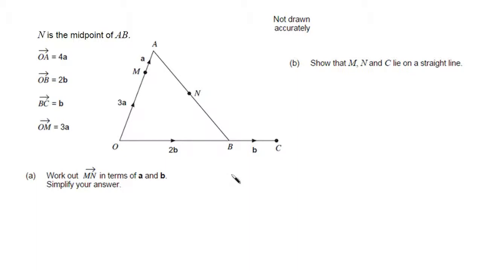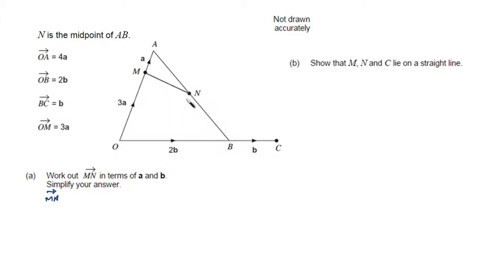Okay, so it requires some thinking, so we're going to look at our diagram and the information, and it's not automatic, we'll have to think about how best to answer it. So we're going to start with MN, so let's write down M to N, which hasn't been given to us, so let's draw that straight away on the diagram.